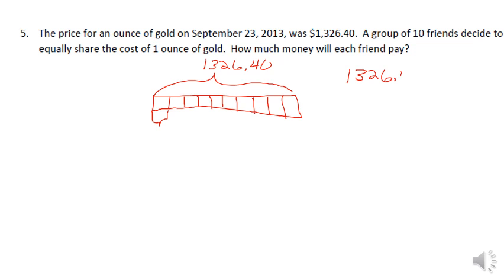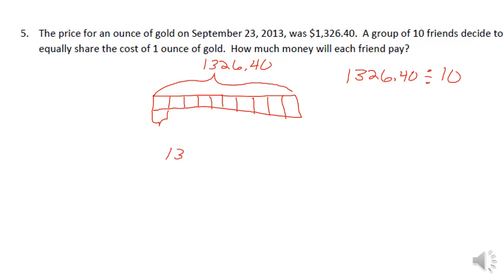So we know this is $1,326.40 divided by 10 people. Well, to do this the way we've done it in the past, we could do this a couple different ways.